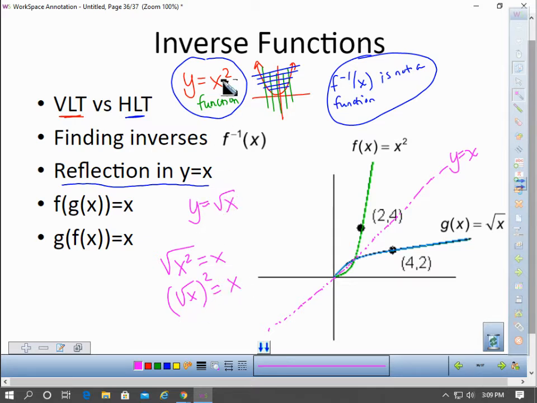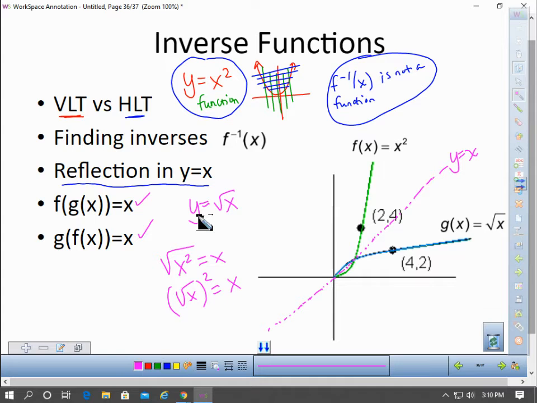So if you substitute one function into the other, if you do both directions, putting g into f and putting f into g, if you get x as the answer, then they're inverse functions of each other. So those are all things you did in pre-cal, hopefully, when you talked about inverse functions. You did the vertical line test and the horizontal line test. You found inverses by switching your domain and range and solving for y.